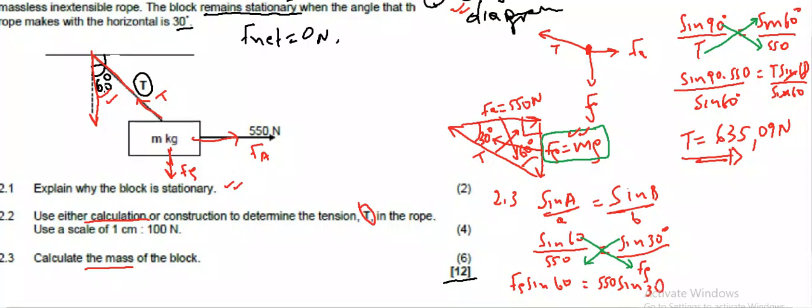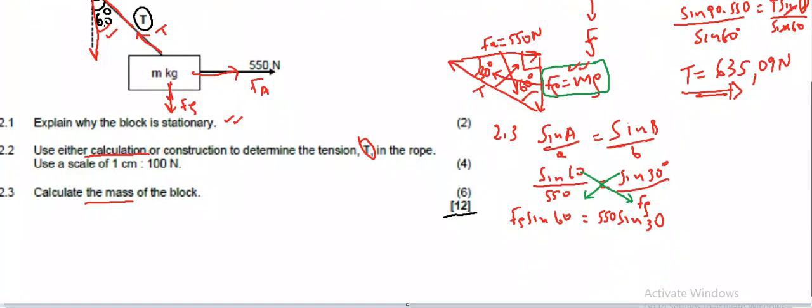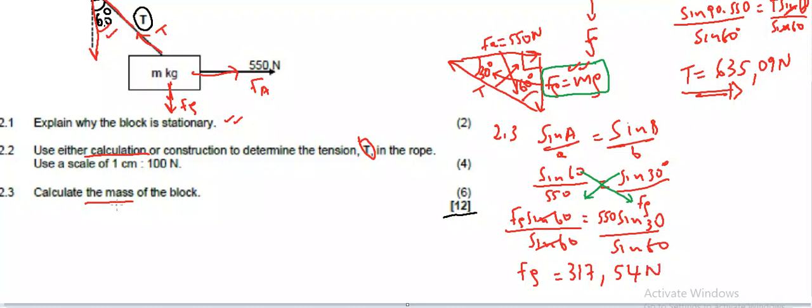Then we divide by sine 60 on both sides. So this will cancel that. Therefore Fg is equal to, then we use the calculator. Fg is equal to 317.54 newtons. But the question said calculate the mass.